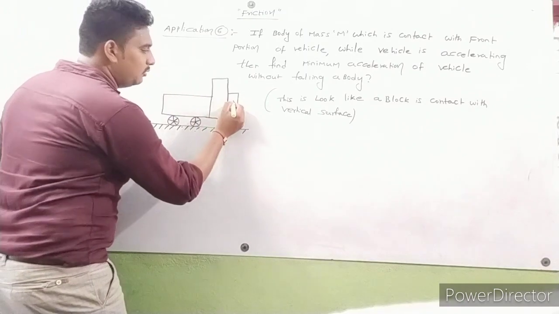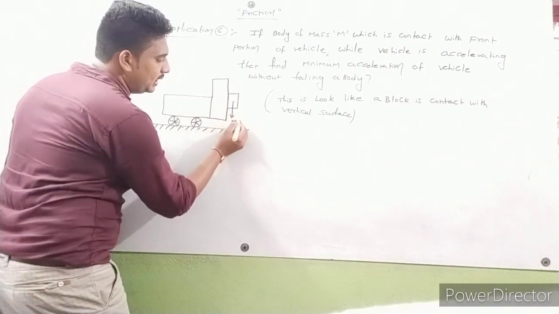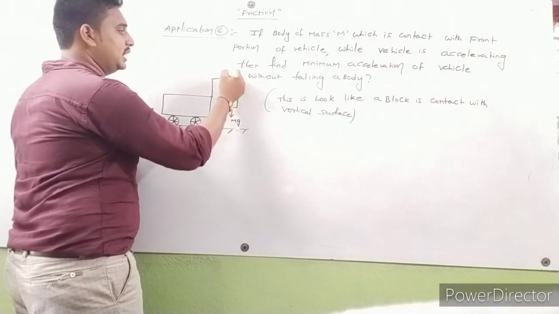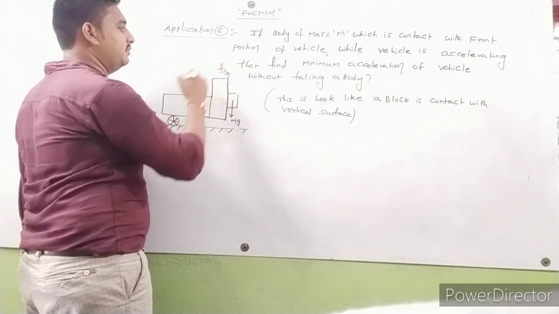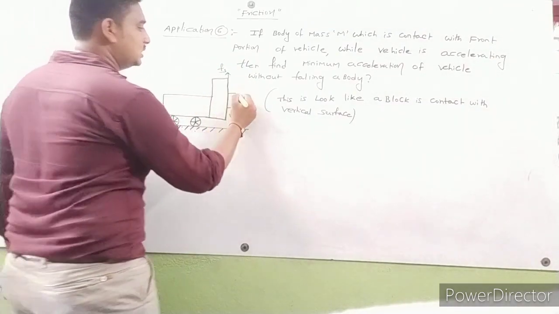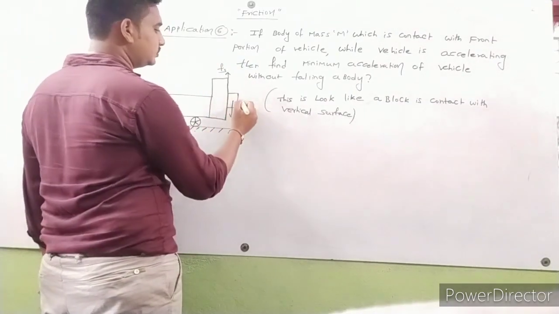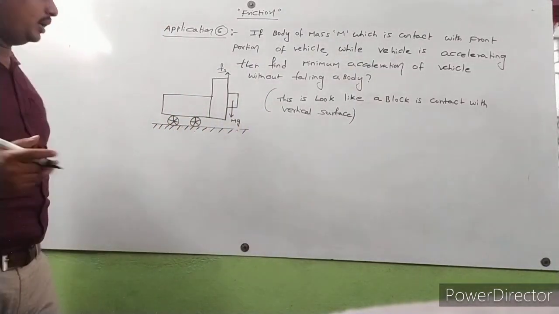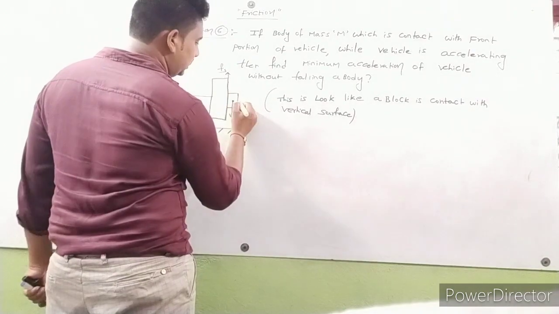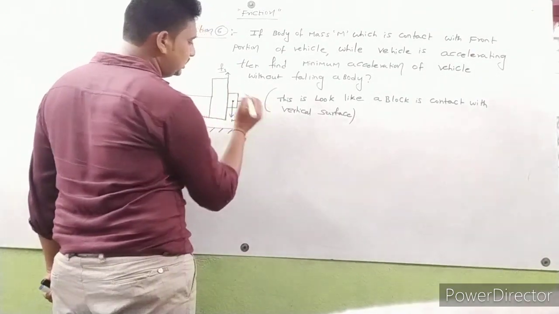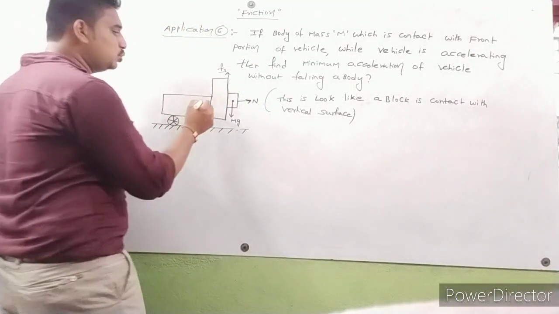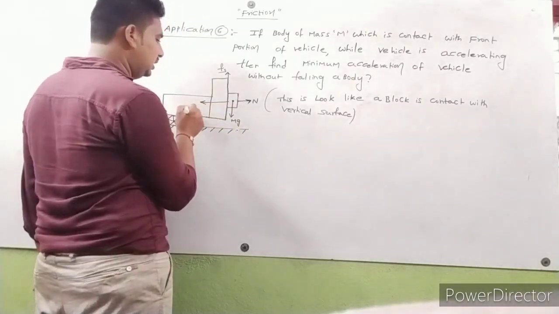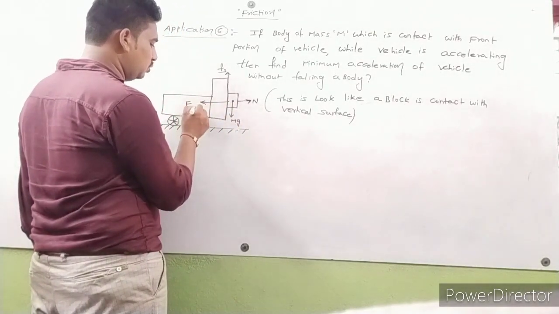Definitely, weight mg is acting in the downward direction. Frictional force F_s is acting in this direction, and some normal force is acting on this body. This is the normal force, and some pseudo force is acting on this body, that is F pseudo.